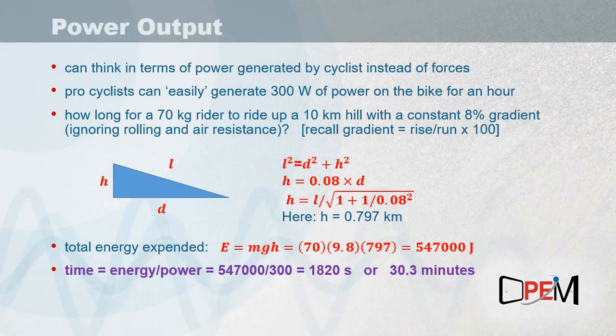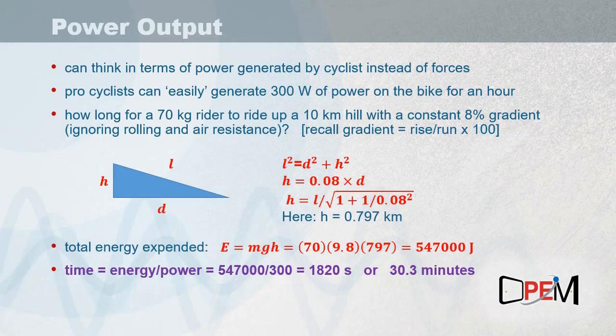the vertical distance H squared. And then the definition of gradient tells us that the height is equal to 0.08 times the horizontal distance. And then using the first equation, this means that the height of the hill is equal to L divided by the square root of 1 plus 1 divided by 0.08 squared.